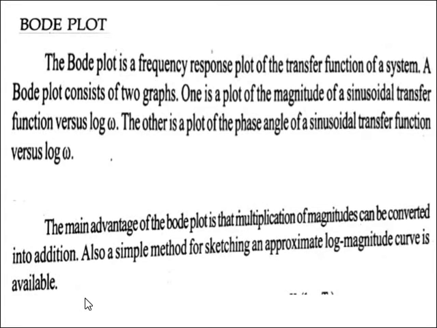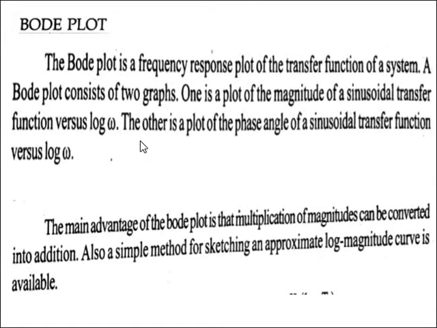Like that, multiplications can be converted into additions, which is very easy to add. So in the Bode plot, all multiplications are converted into additions. That is the main advantage of the Bode plot.